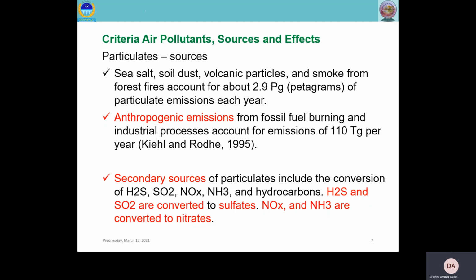When they are emitted into the atmosphere, in the presence of moisture content and light, they react, and especially in the presence of moisture content, these gases accumulate to form particles, and then those particles act as particulate matter.